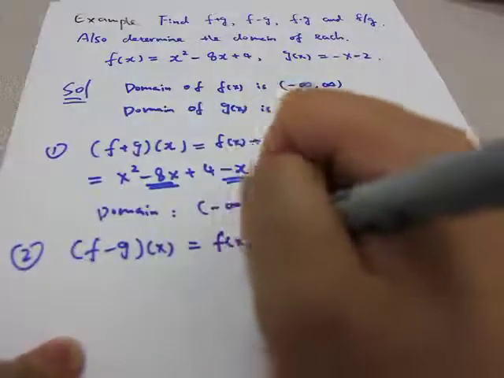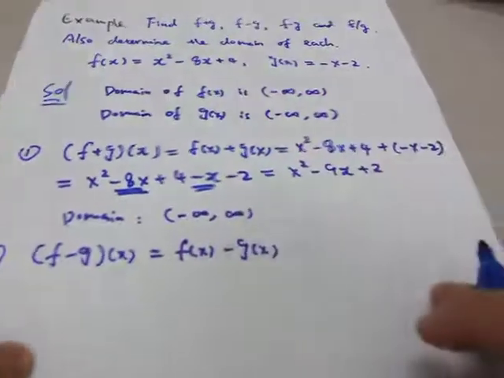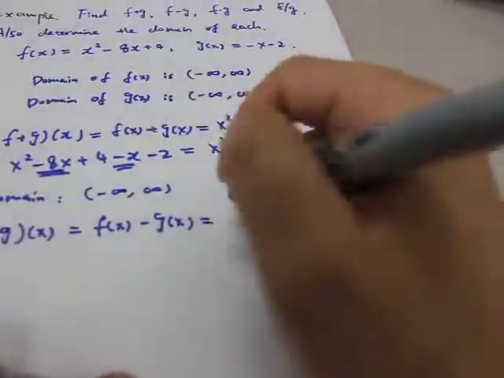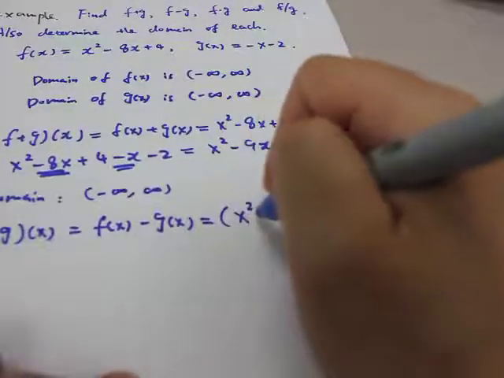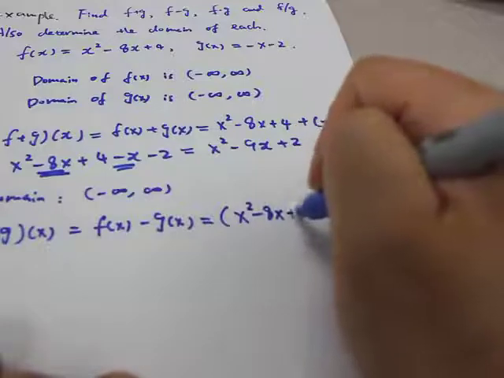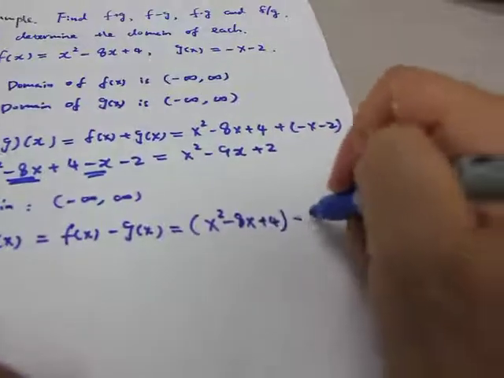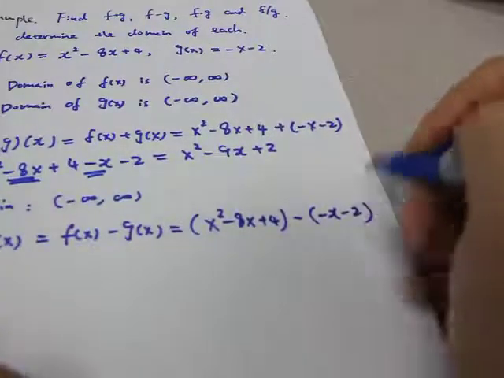Now this is equal to f(x) minus g(x). So it will be x squared minus 8x plus 4 minus negative x minus 2.